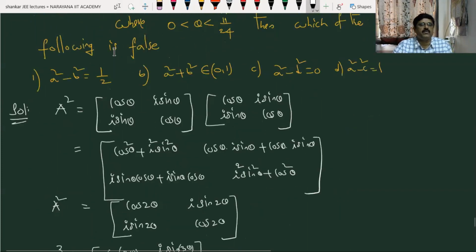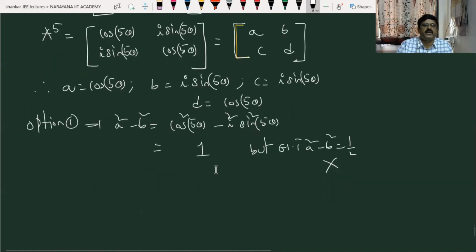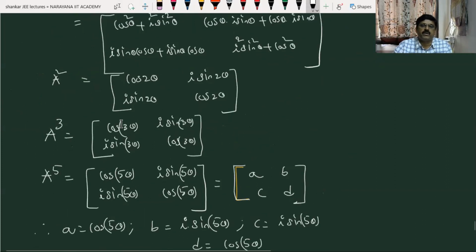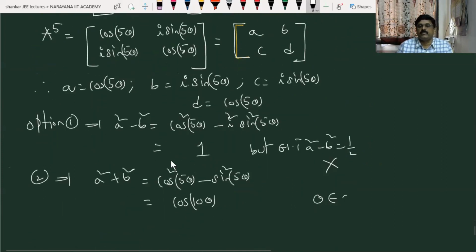So first option is undoubtedly false. So the remaining three options definitely will be correct. Next, A square plus B square, students. Second option: A square plus B square will be cos square 5 theta plus i square, which means minus sine square 5 theta will come. It is nothing but cos 2 of 5 theta, cos 10 theta. Clearly given that theta belongs to the interval 0 to pi by 24, students.